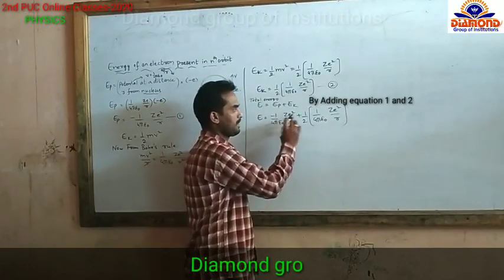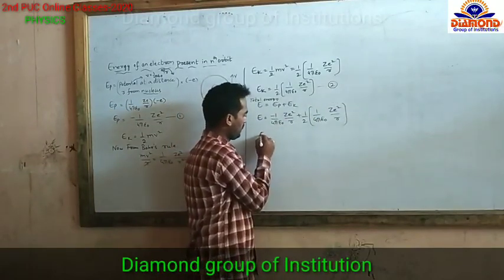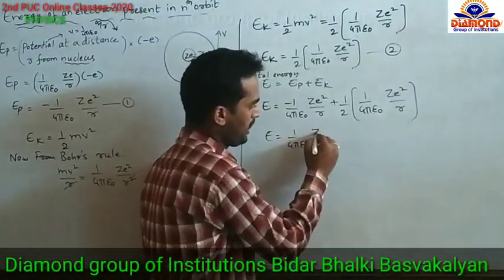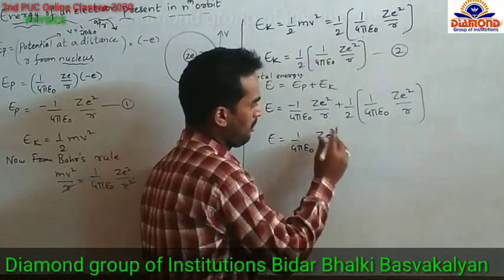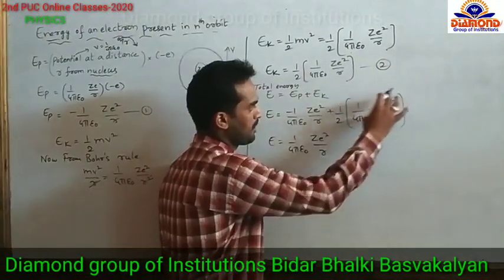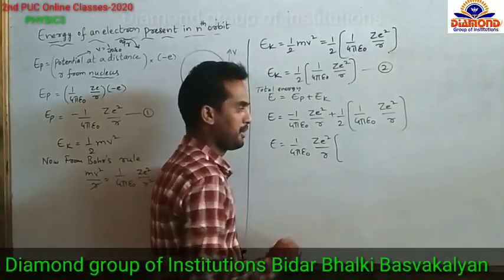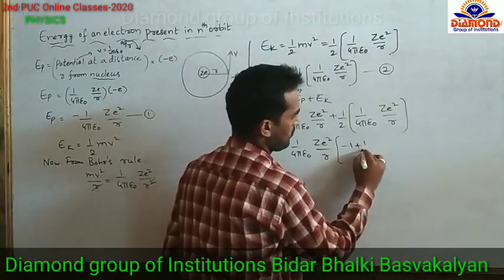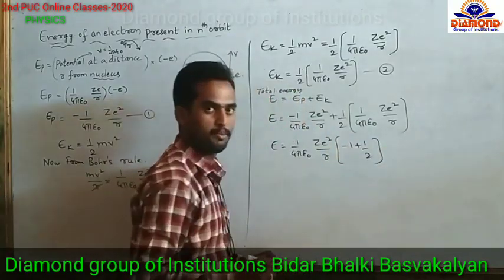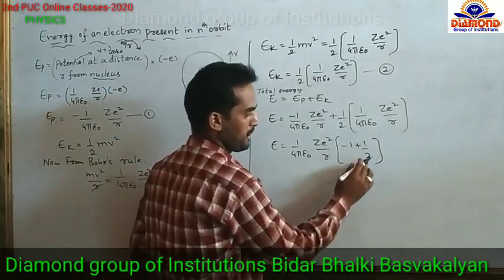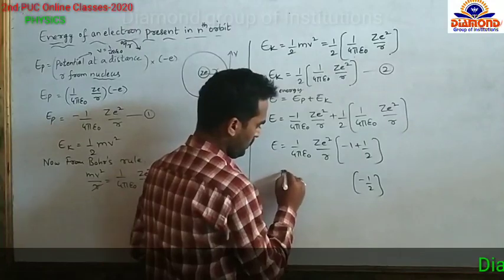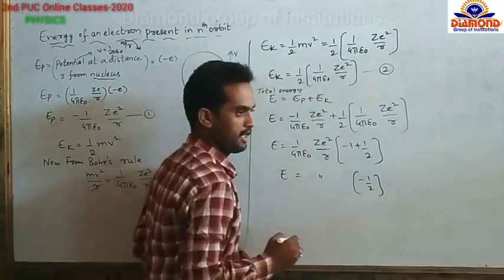And now we are taking some terms common here. E becomes 1 by 4 pi epsilon naught Ze square by r taken common, minus 1 remains as it is, plus 1 by 2. So minus 1 plus 1 by 2, what does it become? Minus 1 by 2. And this is as it is, you can write it here.